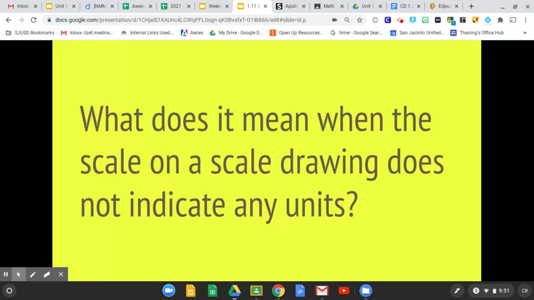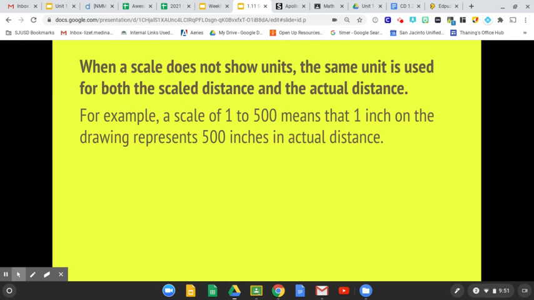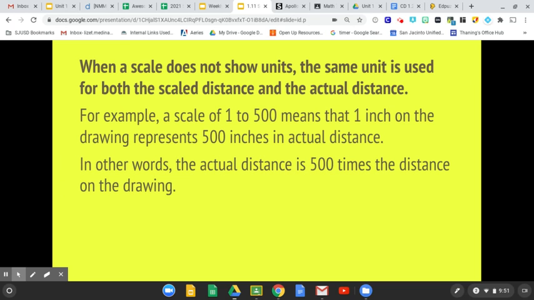So what does it mean when the scale on a scale drawing does not indicate any units? When a scale does not show units, the same unit is used for both the scale distance and the actual distance. For example, a scale of 1 to 500 means that 1 inch on the drawing represents 500 inches in actual distance.